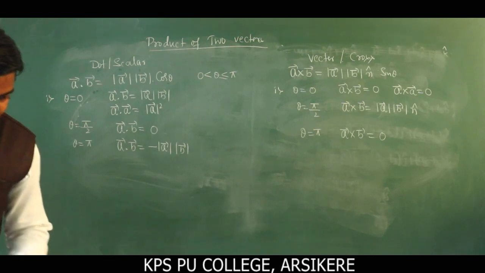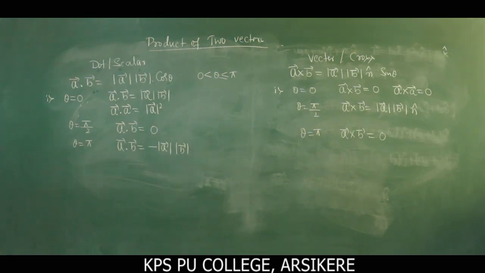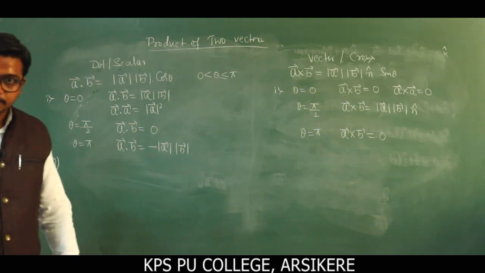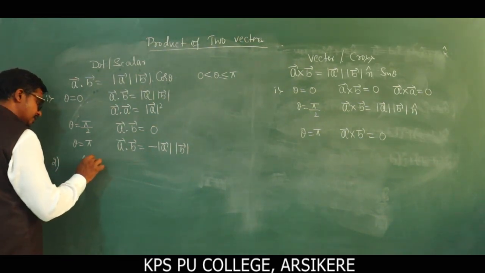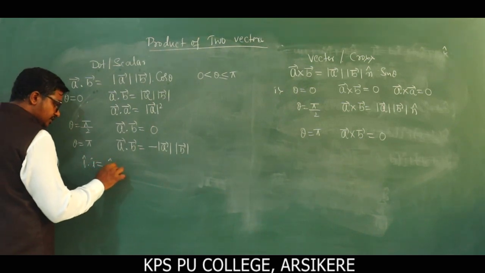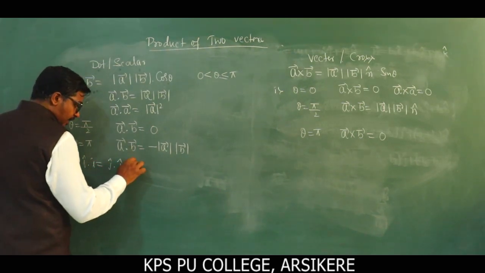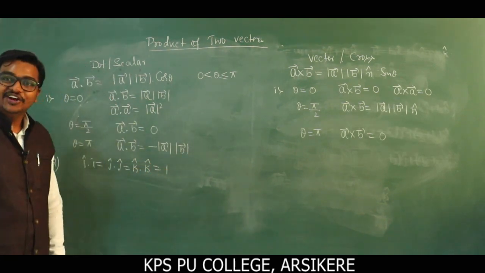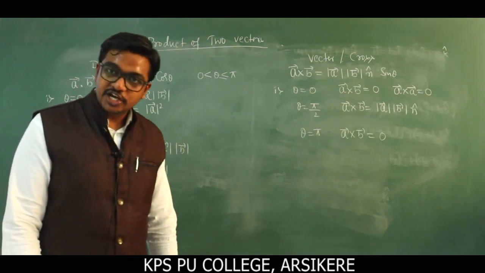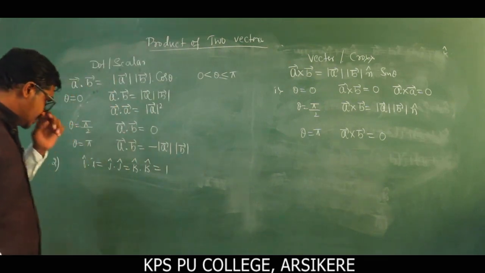And we have the next one. Second condition, when it comes to unit vectors, I dot I is equal to J dot J is equal to K dot K, that is equal to 1. I dot I is 1, J dot J is 1, K dot K is equal to 1.